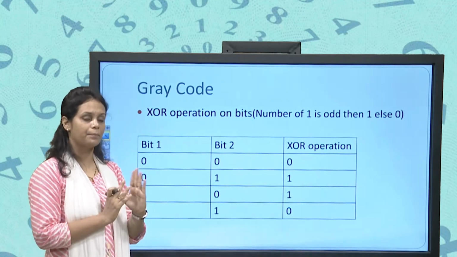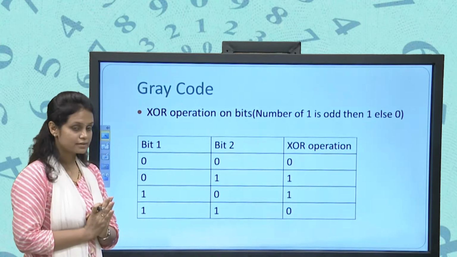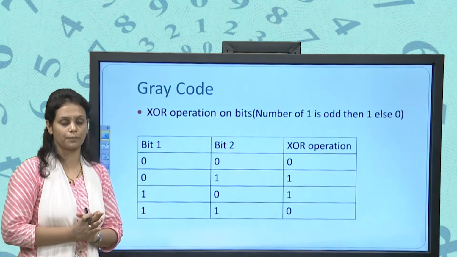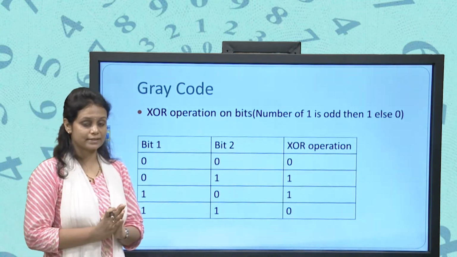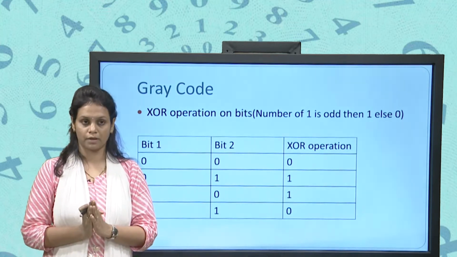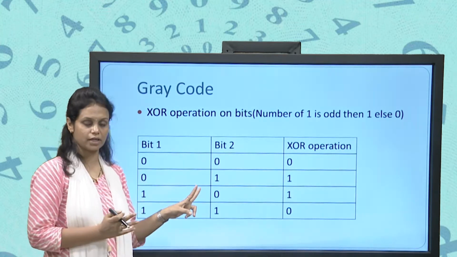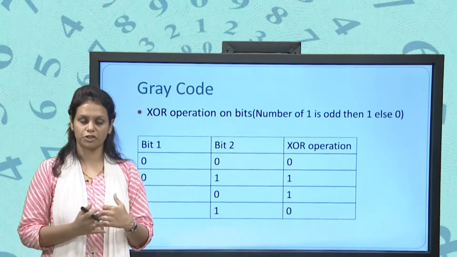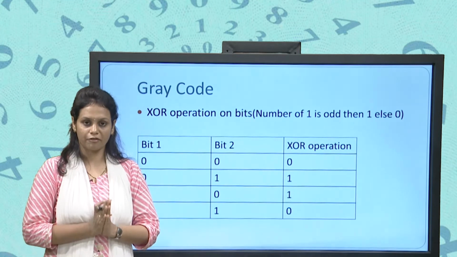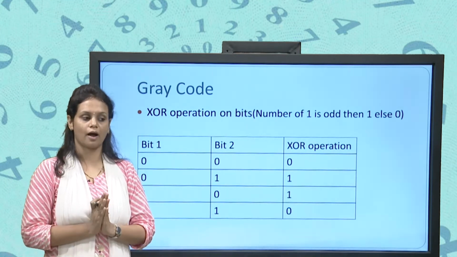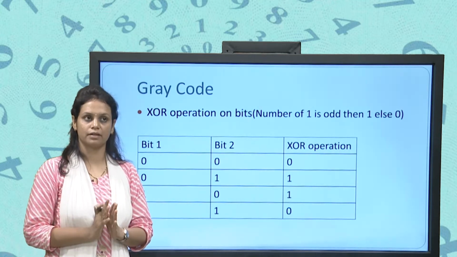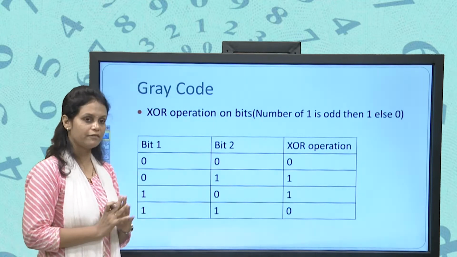I am repeating: if the 2 bits are the same, the output of the XOR operation is 0, and if they are different, the output is 1. Okay, we will see the example.